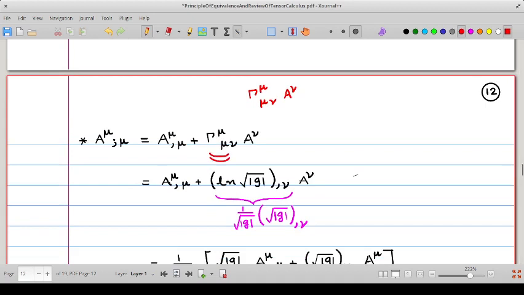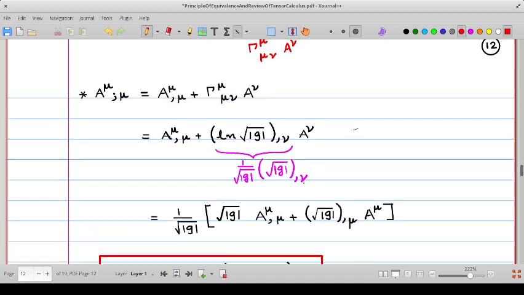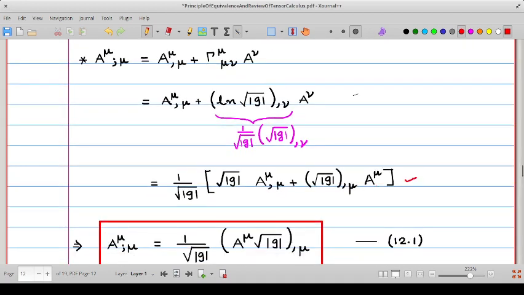But now we have already seen that this quantity is nothing but the derivative of the logarithm of the square root of the absolute value of g with respect to x^ν, which can also be written as 1 over the square root of the absolute value of g, then the derivative of the square root of the absolute value of g with respect to x^ν, which may be rewritten in the following way. So the first term is A^μ_{,μ}. Here I have written square root of g, but there is an overall factor of 1 over square root of g outside.